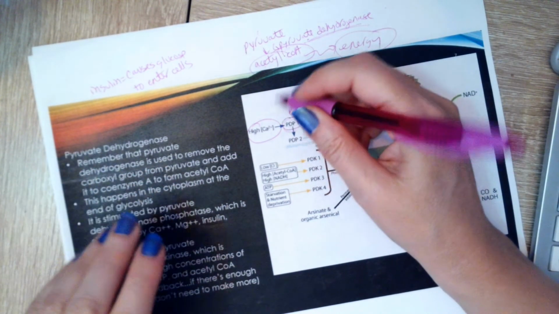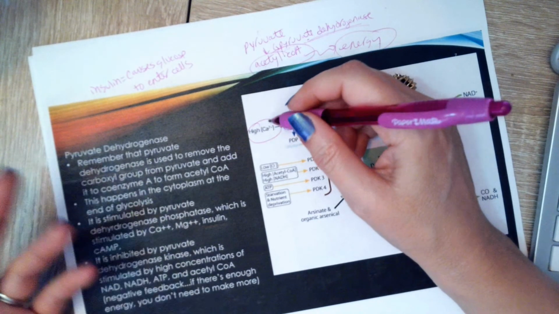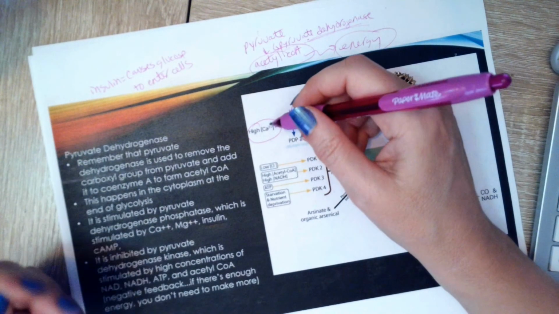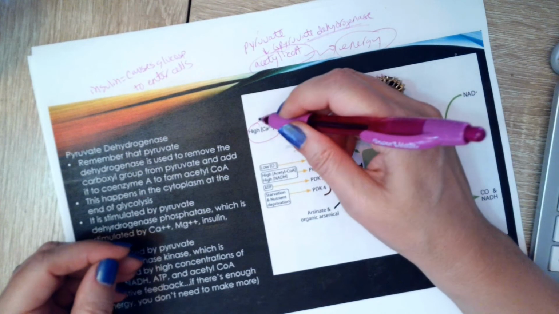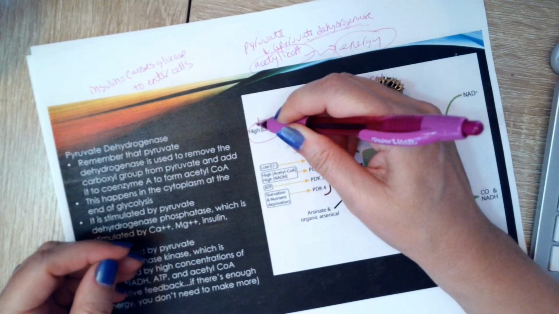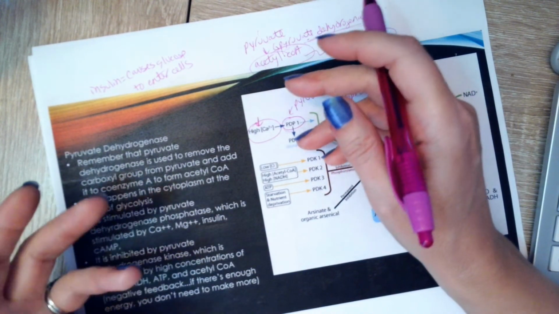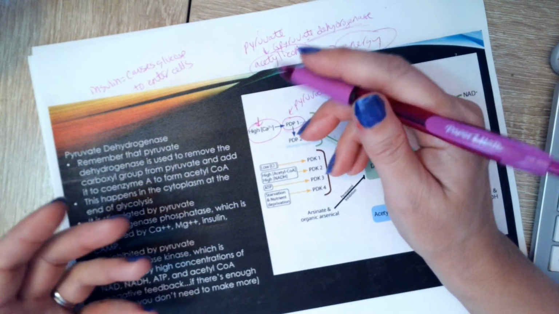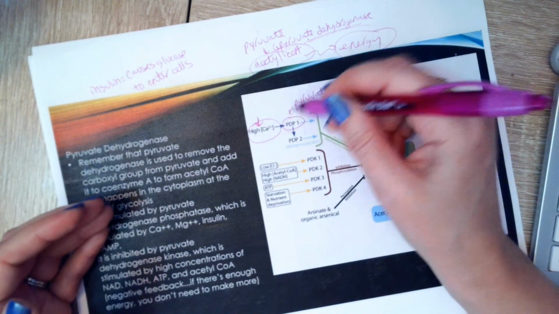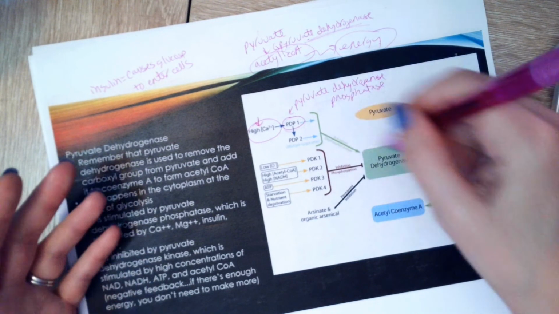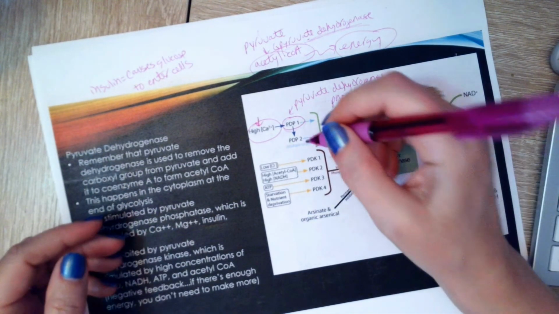You don't need to write that down or memorize that, but just as an example, other second messengers can cause a high level of calcium being available in the cytoplasm of the cell, which can then help to stimulate PDP, which stimulates energy production, and that's why they'd be stimulatory.